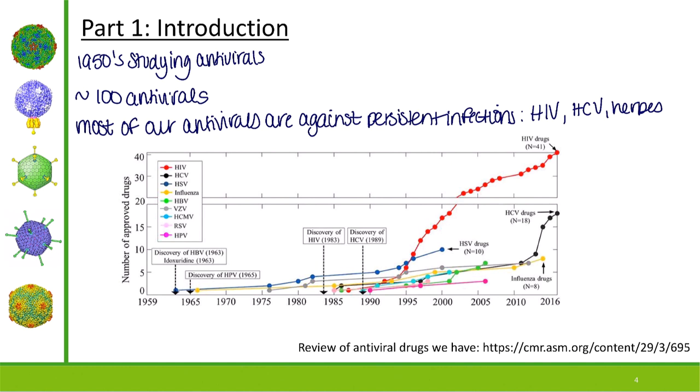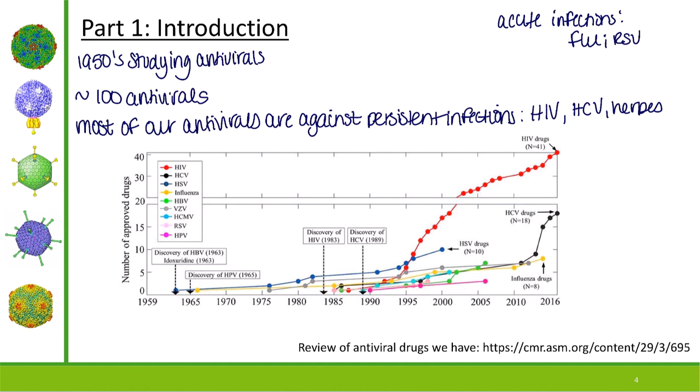There are, of course, exceptions on this list. Some of the viruses that cause acute infections include flu, or influenza, and RSV. RSV is respiratory syncytial virus, and it is one of the most dangerous viruses for children, and in terms of viral diseases, it's definitely the most common that is found in children that can lead to death.